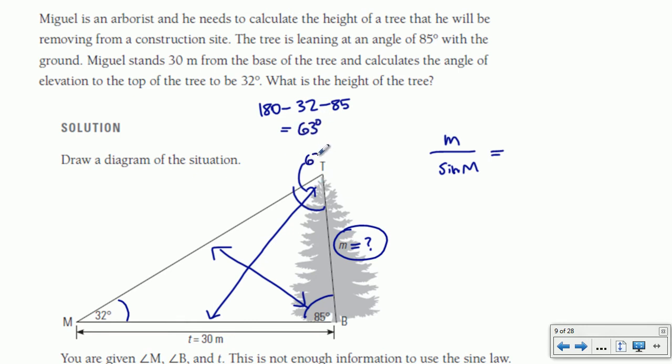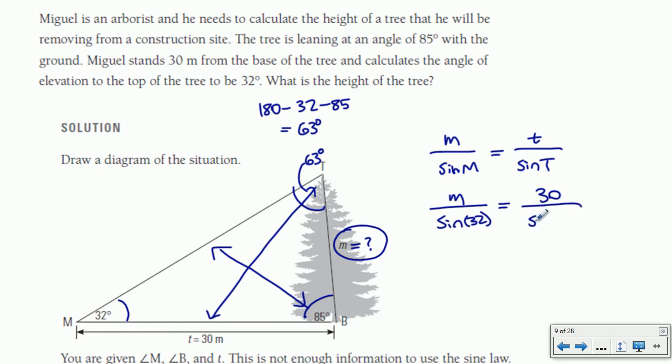So now that we know that this angle is 63 degrees, we know 2 out of 2 in this side angle pair, we know 1 out of 2 in this side angle pair, so now we can apply sine law. So T over sine T, and plug in what we know. We don't know M yet. We know angle M is 32. We know side length T is 30.